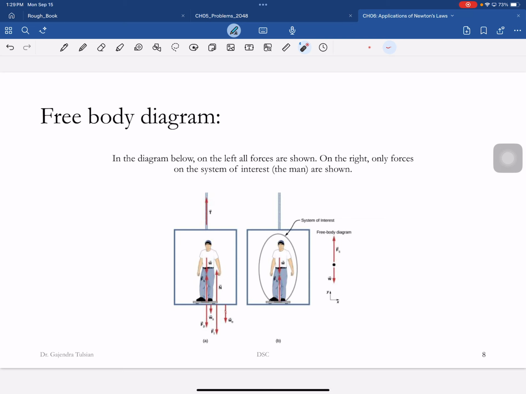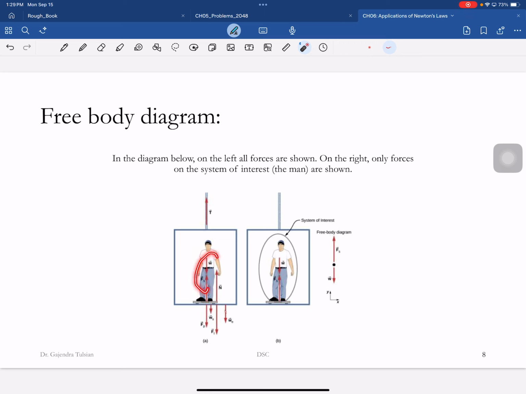But let me go over all the forces here. This is the tension in the cable that's pulling up the elevator. This is the weight of the elevator itself. This is the weight of this guy. Gravity is pulling him down. And the only other force: he's standing on the scale that's pushing him up.